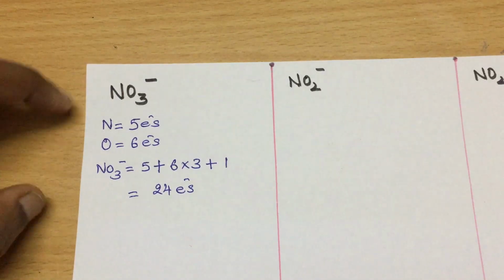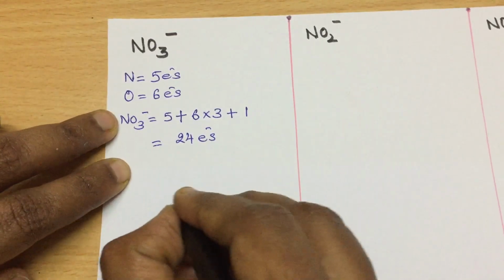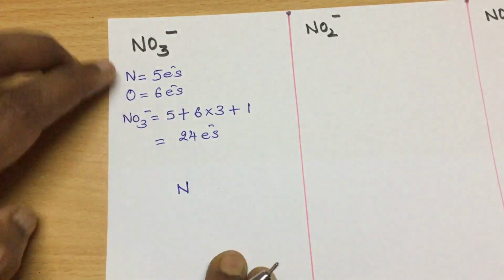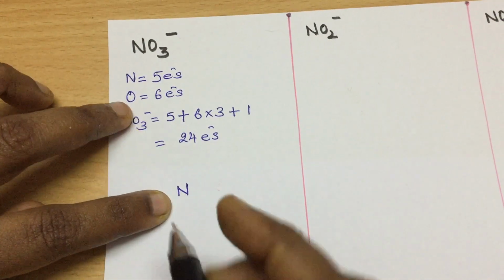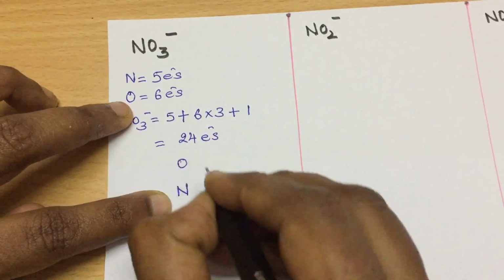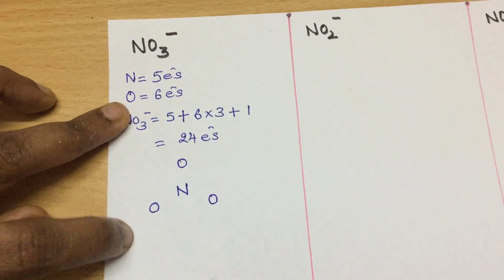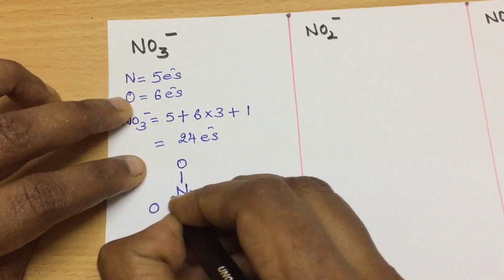Now I'm going to apply the second rule. Nitrogen is the least electronegative and it is less in number, so I'm putting it in the center. The remaining side atoms I am arranging symmetrically around it. Then I'm connecting the central atom to the side atoms through single bonds.